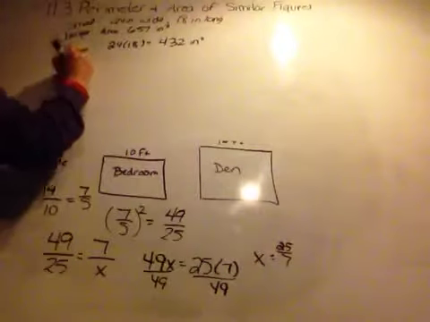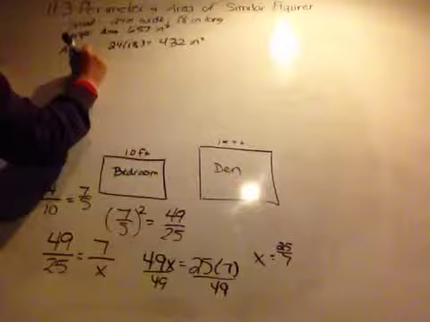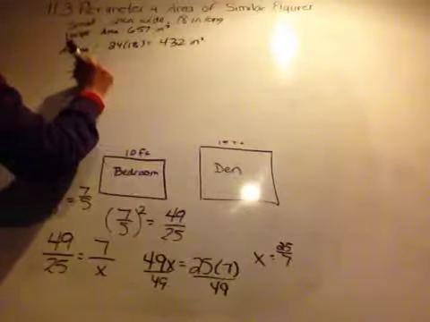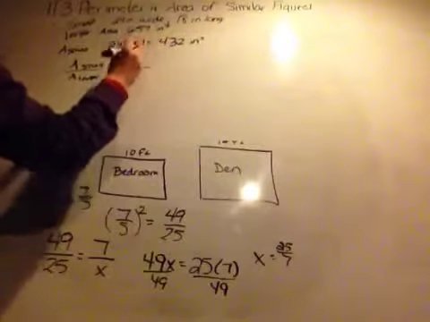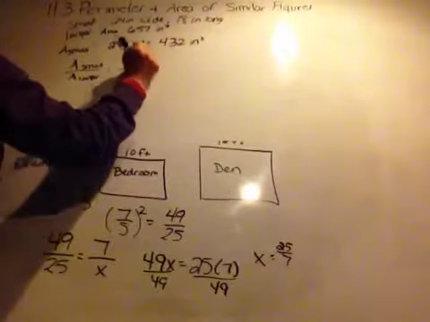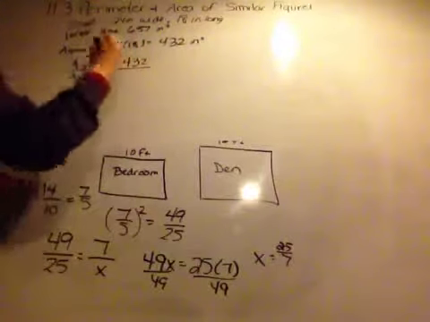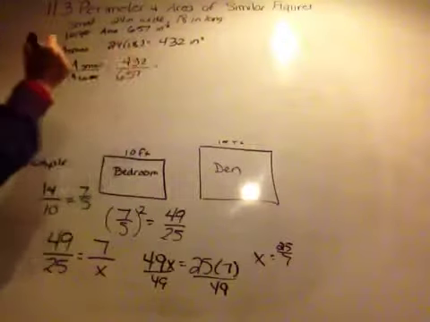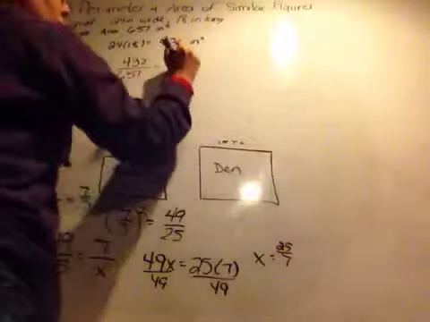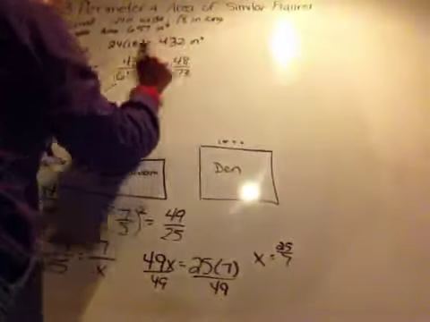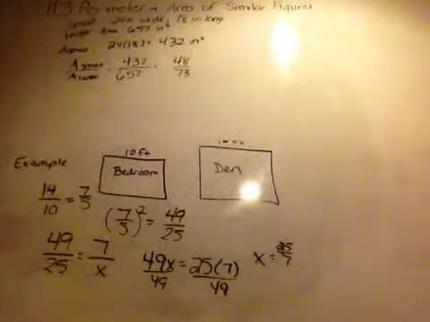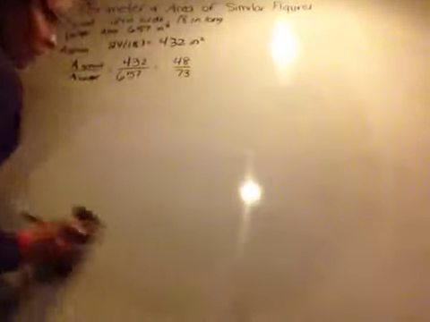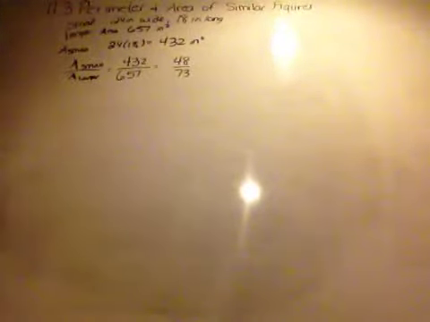Now we can compare our ratio of areas. The area of our smaller TV is 432 square inches, and the area of the larger TV is 657 square inches. We can reduce that to 48 over 73. So now that we have our ratio of areas, we have to think about how we can use this to find the width of the larger TV.